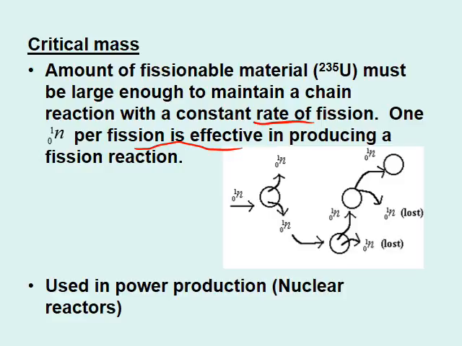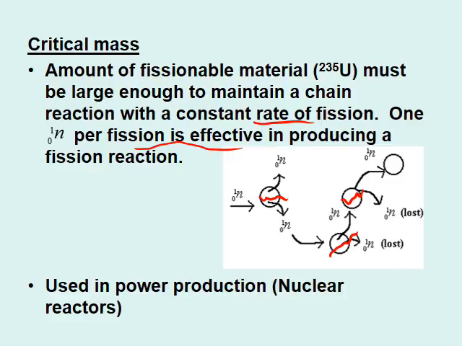If that is the case, then look at here. The first neutron is going to split this nucleus, and the two neutrons are coming out. Then one of them would be lost. The second one is going to again split this nucleus, and again one is lost. The other one is available. So this would keep on going, and this is called a chain reaction.